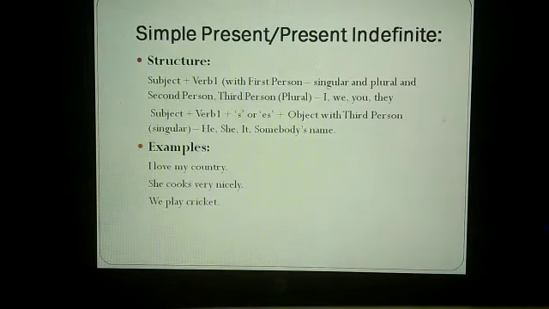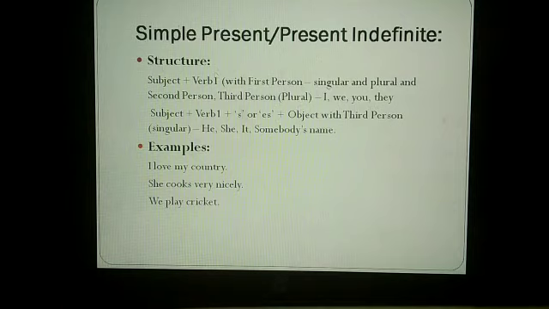Next, first we are taking simple present tense or present indefinite. First, I am telling you the structure of simple present tense. We use subject plus verb, this is V1, and we use V1 with first person singular, that is I, and plural, that is we, and second person, that is you, and third person plural, that is they.